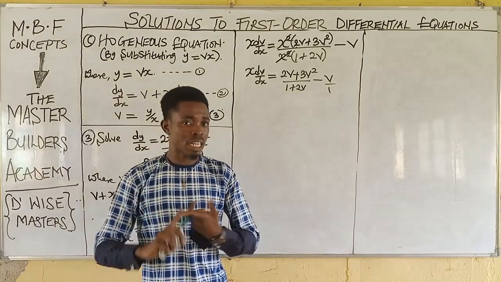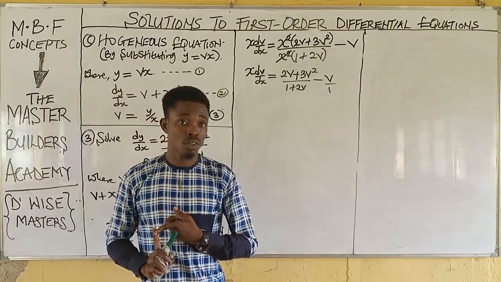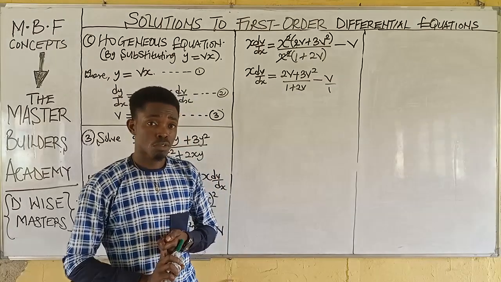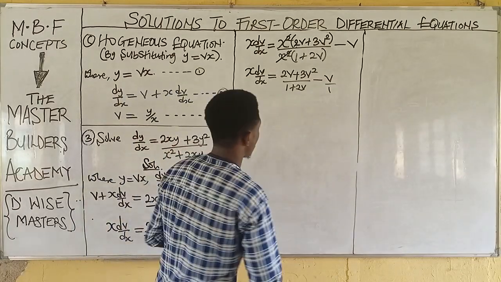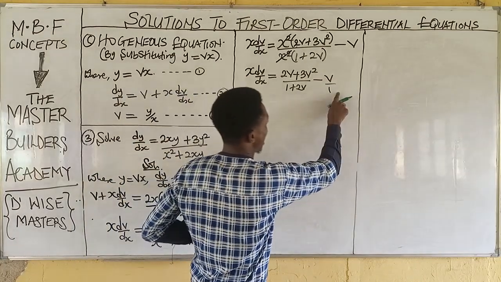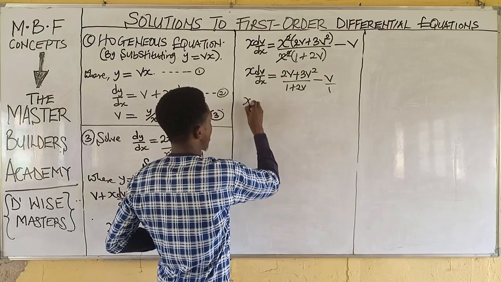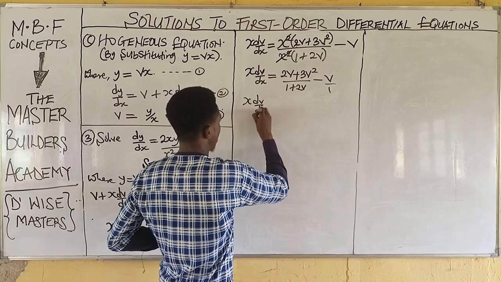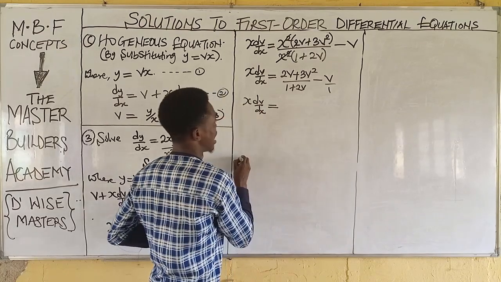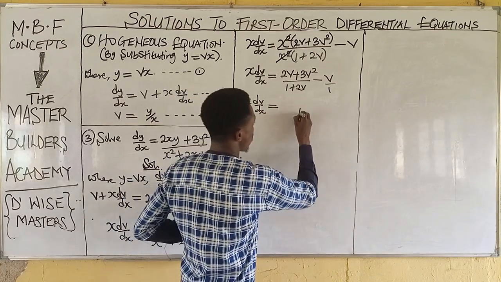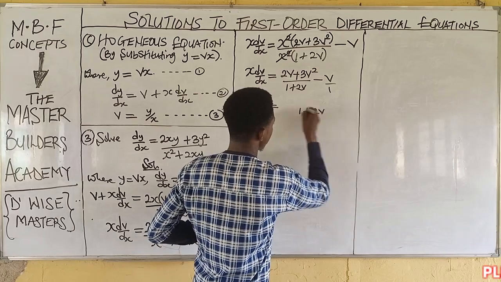Then we need to simplify so that they have a common denominator and one simple numerator. Are you there? To have that done, the LCM is still 1 plus 2v. So we have this as x dv over dx is equivalent to something over 1 plus 2v. This is the denominator.